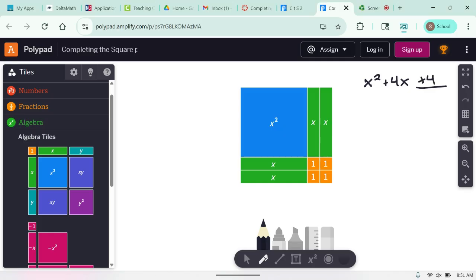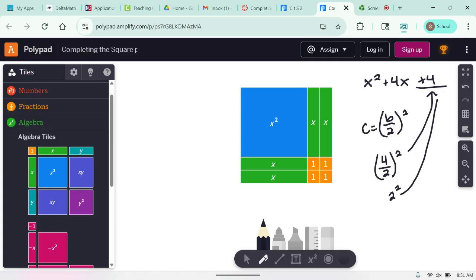Now, here's my question. We said that c is equal to b over 2 all squared. If I take this b value, this 4, and I divide it by 2 and I square it, will I still get 4? Yes, I do. 4 divided by 2 is 2. Square it. That's 4.